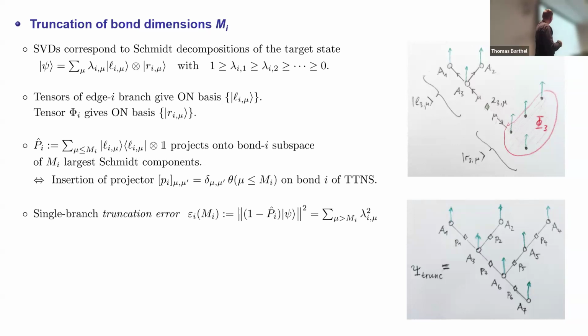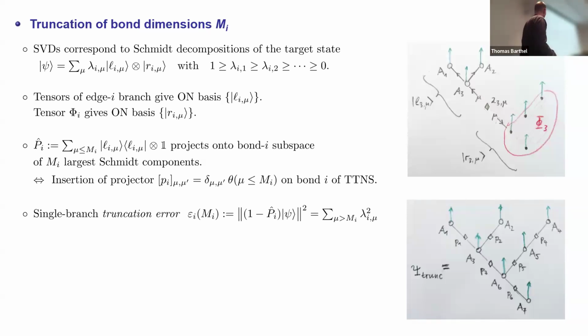We've ordered our Schmidt coefficients here, and P projects onto the subspace with the M largest. It turns out that applying this projection operator to the state psi, our target state, is equivalent to inserting this projector P on the corresponding leg of our tensor network.